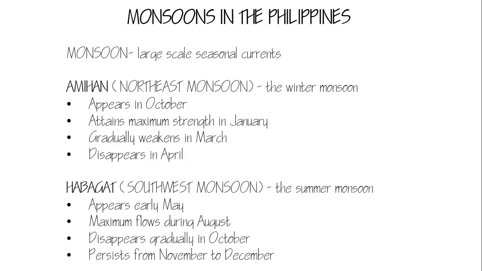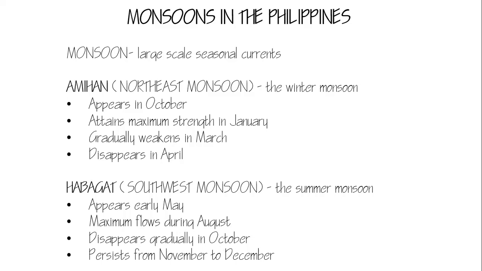During this time the wind is cold. So basically you're going to capture that one, and the amihan comes from the northeast side. So that's also where you place your window. And the habagat is the southwest monsoon. This is the summer monsoon.